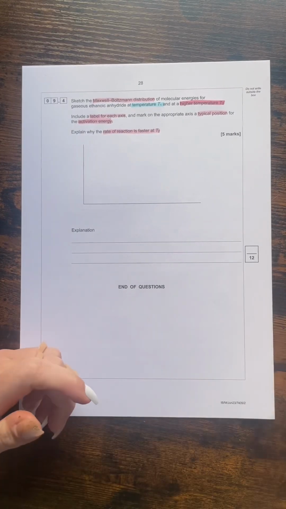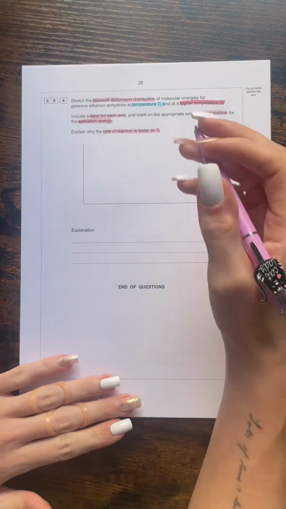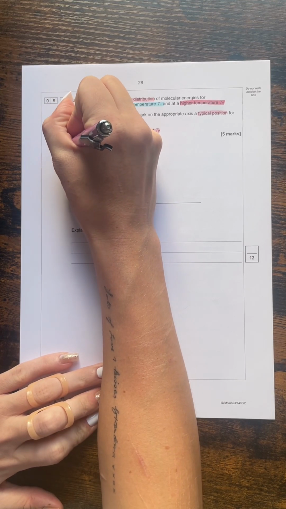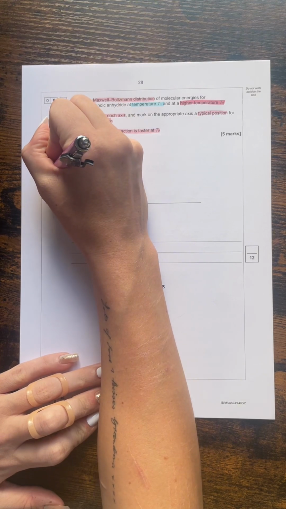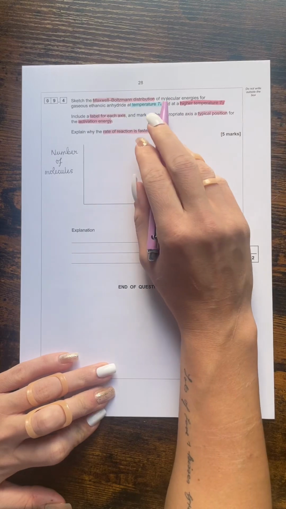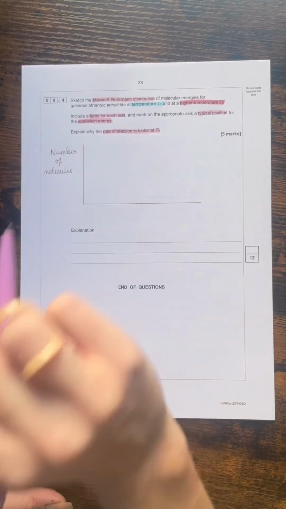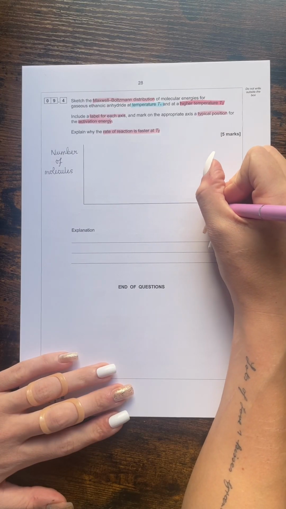So when we plot Maxwell-Boltzmann distributions, we are plotting the number of molecules on the y-axis. You can say number of particles, but it's the distribution of molecular energy, so I think molecules is the better one of the 2 to use. And then the x-axis will always be energy.